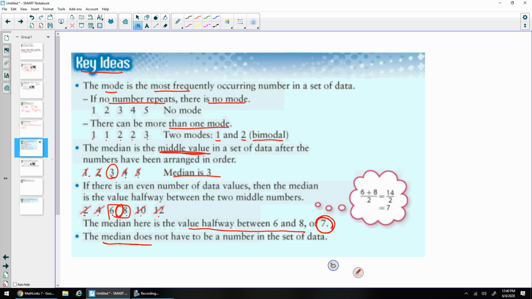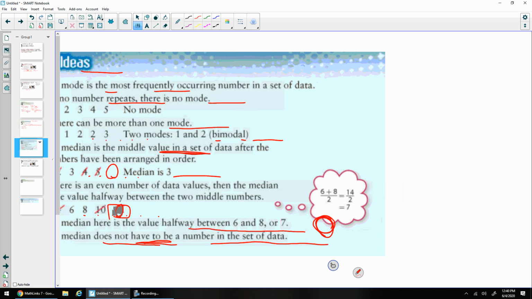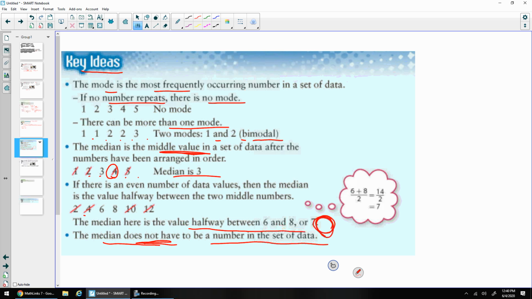The median does not have to be a number in the set of data. That's important too. The mode is always going to be a number that's in that set, you'll see that number in the set when you find the mode. The median sometimes, like in this case when it was 7, we actually don't see 7 listed anywhere in this list, but it's still the median.